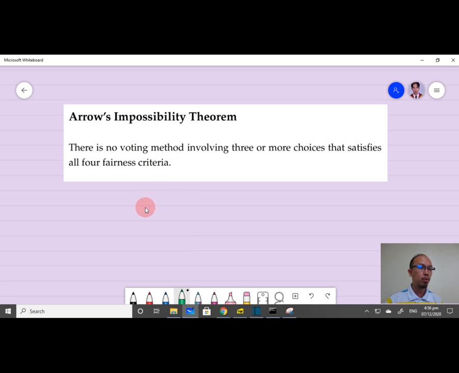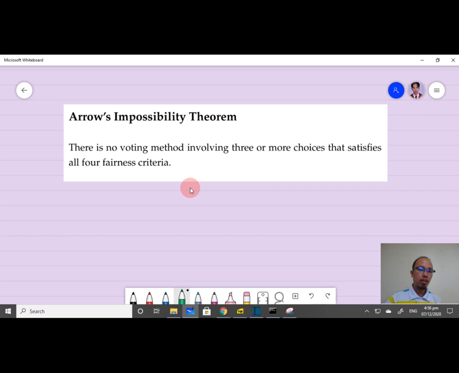This is what I told you, that this is similar to the apportionment method, where we discuss the Valensky-Young impossibility theorem. It says here that there is no voting method involving 3 or more choices that satisfies all 4 fairness criteria.